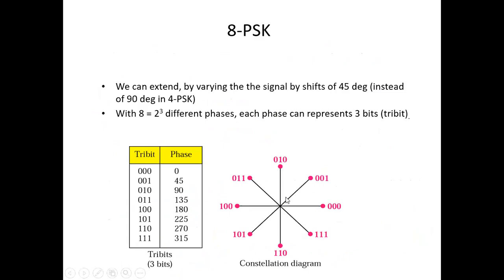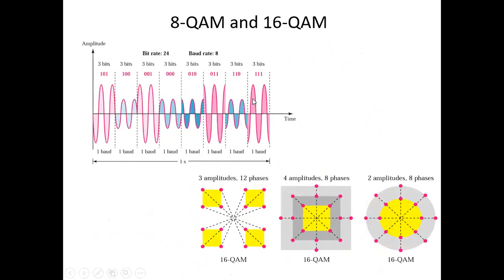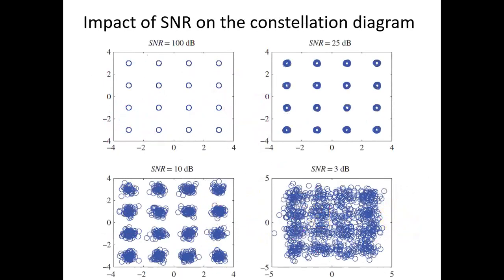So as you increase the number of bits in a symbol, you have more positions, so it is more crowded, and it is more likely to have some misdetection. So if you have a better radio link, you can have a crowded constellation diagram. You can put more bits per symbol. That will be more efficient. Your data rate will be higher.